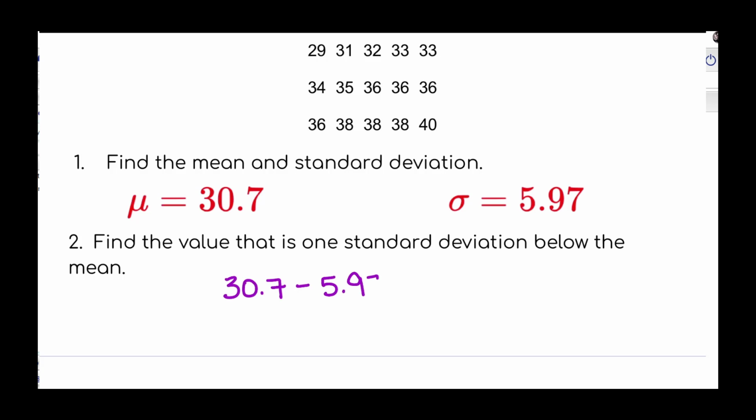So subtract 30.7 minus 5.97, and we get 24.73. This would have a z-score of -1, because it's one below the mean.